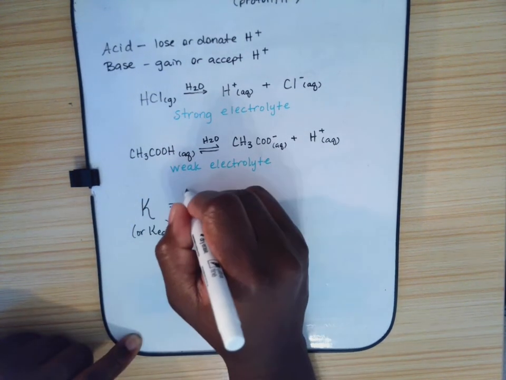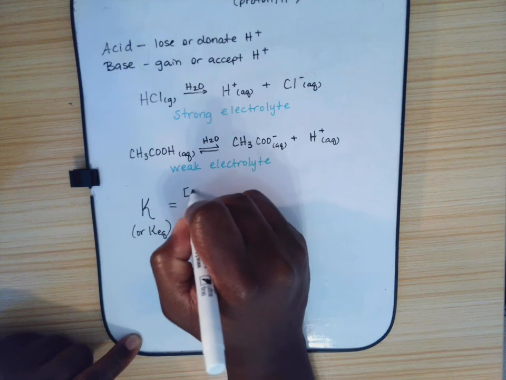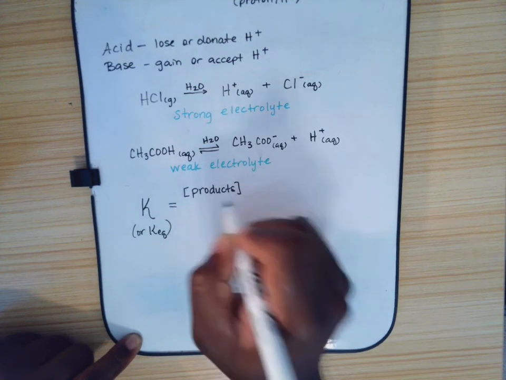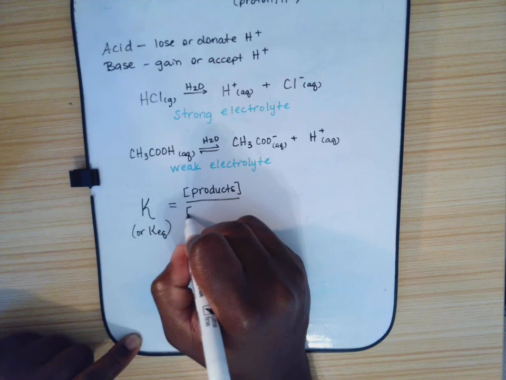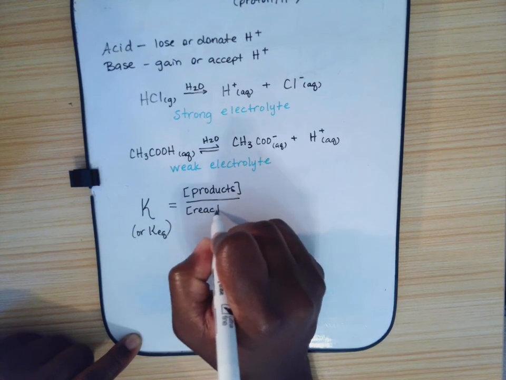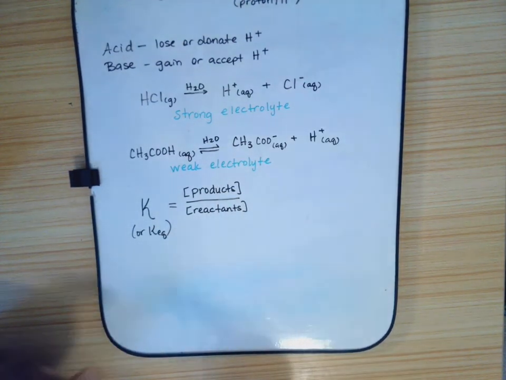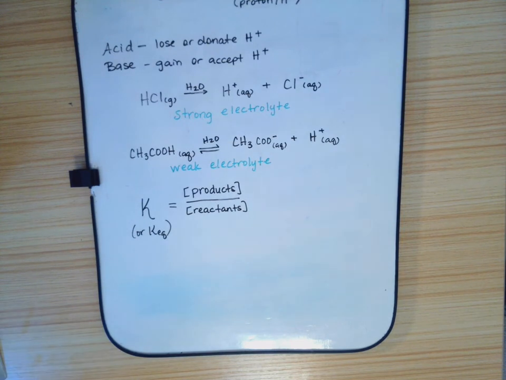At equilibrium, we can determine the concentration of products compared to the concentration of reactants to determine whether or not we have more products or more reactants at equilibrium. Equilibrium just tells us that the speeds of the reactions are the same. It doesn't mean that the amounts or the concentrations are the same.